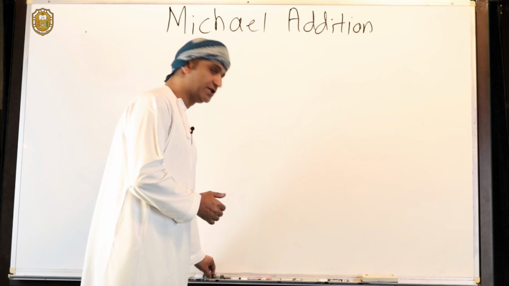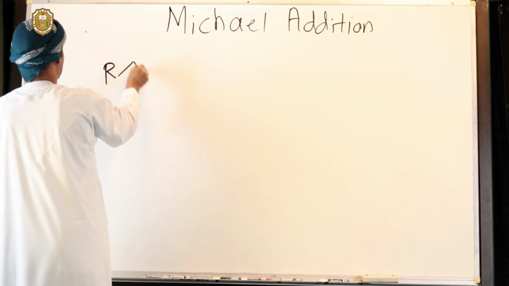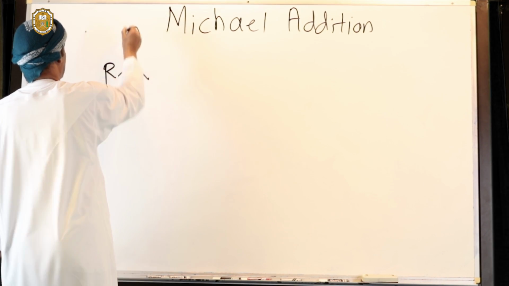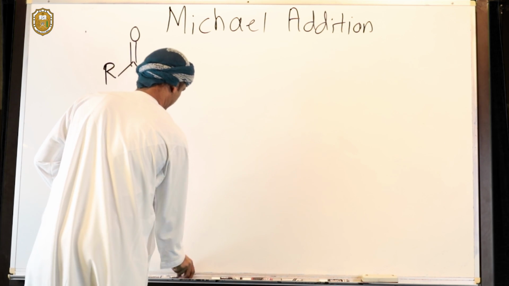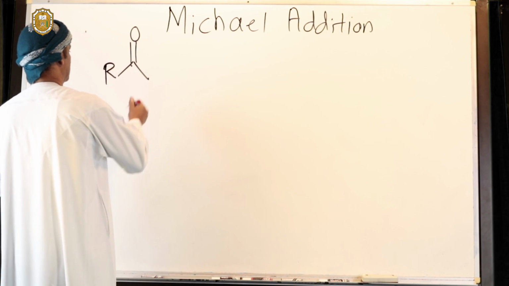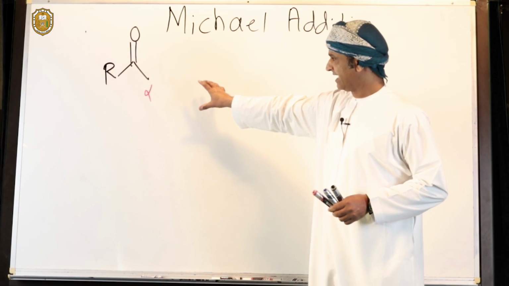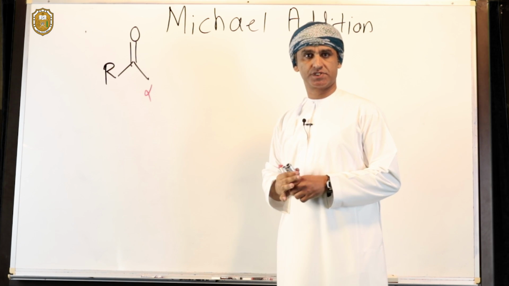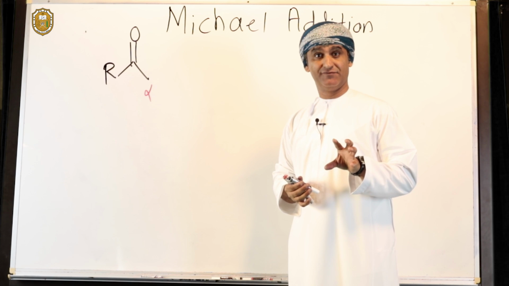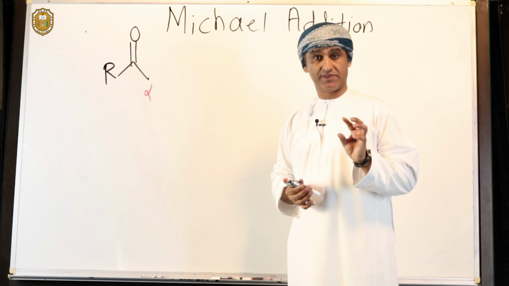Let's draw a general scheme for the reaction. We begin with a general ketone of this type, a ketone with an alpha hydrogen, or a hydrogen on the alpha position, and of course we recall the pKa value for that acidic position, or for that carbon.